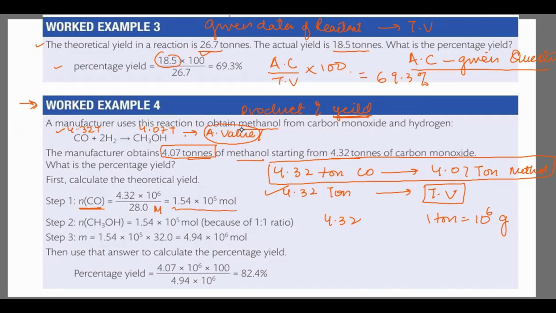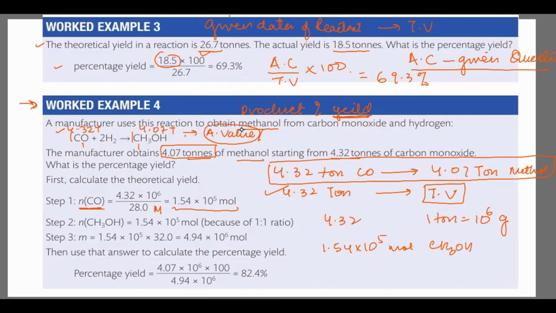So these many moles of carbon monoxide you're getting: 1.54 times 10 to the power 5 moles. Now let's look at the molar ratio. We have a 1:1 molar ratio because 1 mole of carbon monoxide produces 1 mole of CH3OH. That means the same number of moles are there of CH3OH.